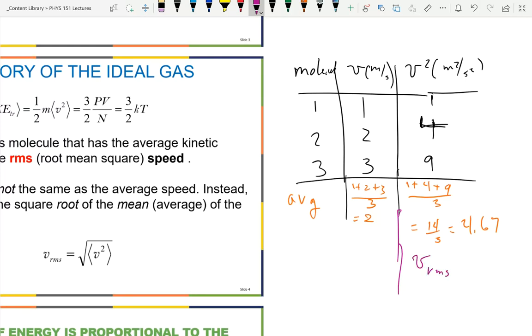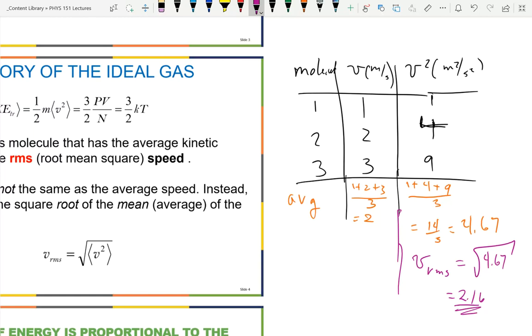So first we squared it, then we did the mean, now we're going to square root it. And what's the square root of 4.67? Equals 2.16.